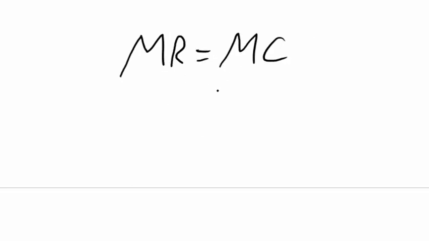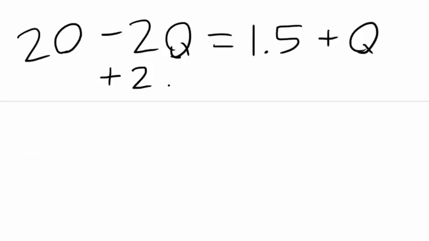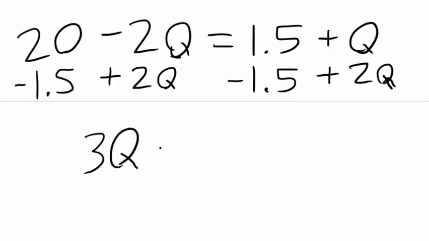So now that we know both our marginal revenue and our marginal cost, we can follow the profit maximization rule of marginal revenue equals marginal cost, and we can set those two equal to each other. So we have 20 minus 2Q equals 1.5 plus Q. And if we were to add 2Q to both sides, and then subtract 1.5 from both sides, we would get 3Q equals 18.5.